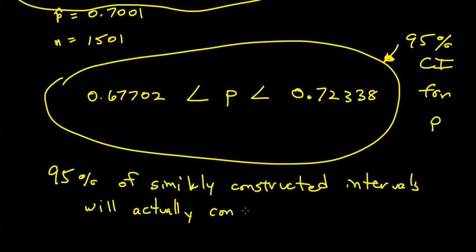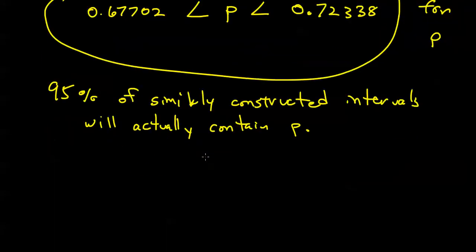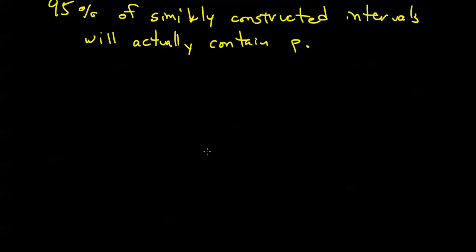So it's kind of a probability argument. Overall, 95% of these interval types will actually contain the value p based on probability concepts we talked about earlier in the course.